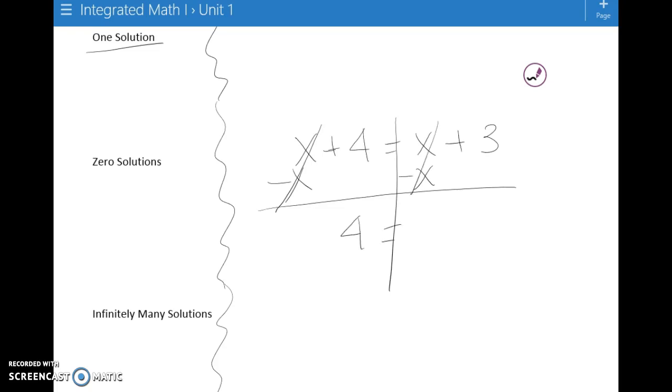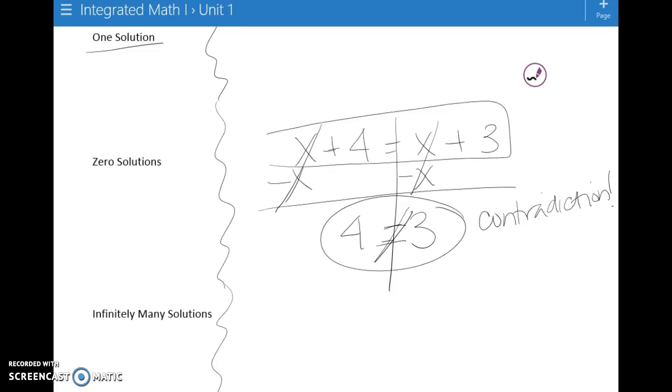And on the other side, x minus x is 0 also. So I'm left with the statement that 4 equals 3. That's not true, right? This is what we call a contradiction. 4 does not equal 3. Therefore, we know that this equation has no solution.